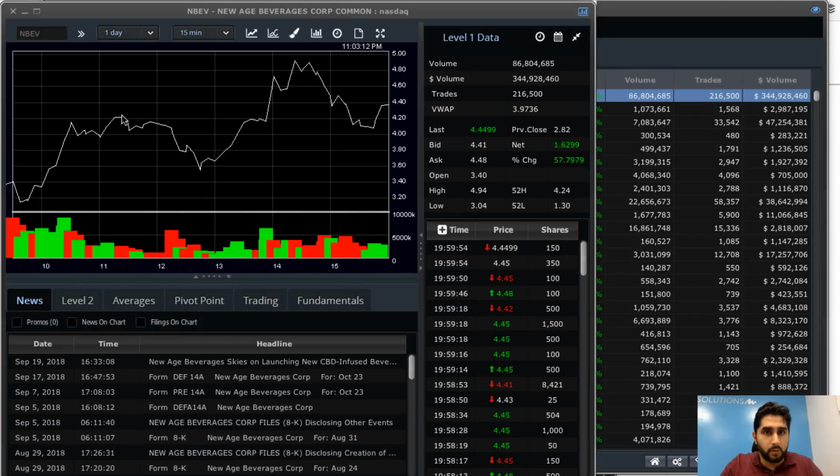What we can do even is 1 day, and you can see here how in one day the stock started at about 340 and closed at 440. So it went up about $1 a share. And it's really easy. I love being able to look at these types of stocks because what you can really tell is that there might be certain actions going on.